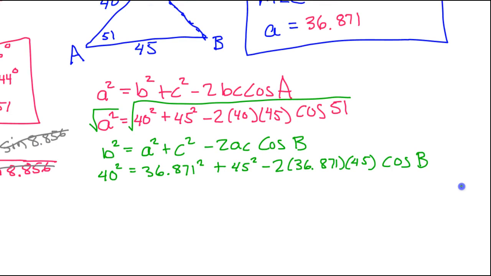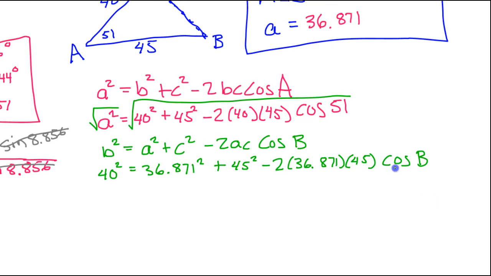All right, so if I want to get cosine B by itself, I need to start by subtracting these two terms from both sides. So that is going to give me 40 squared minus 36.871 squared minus 45 squared. Now I've subtracted these two from both sides. That still leaves this part in the front. I need to divide by all of this to get cosine B by itself.